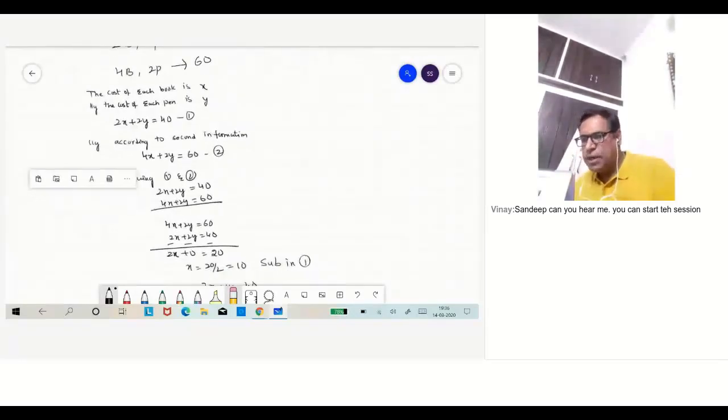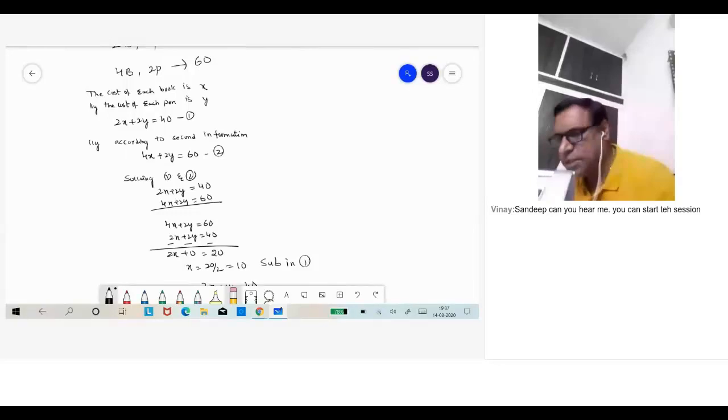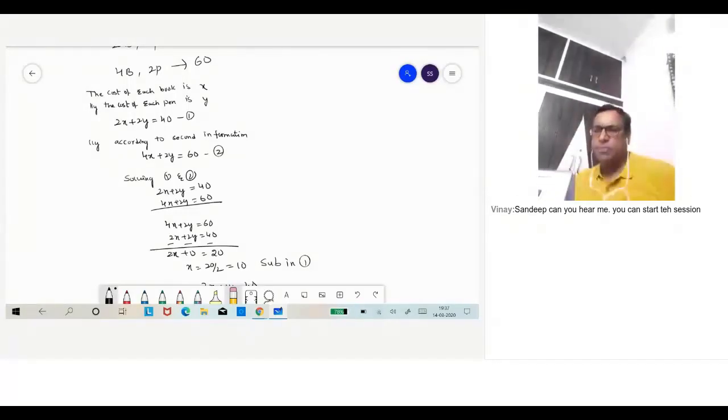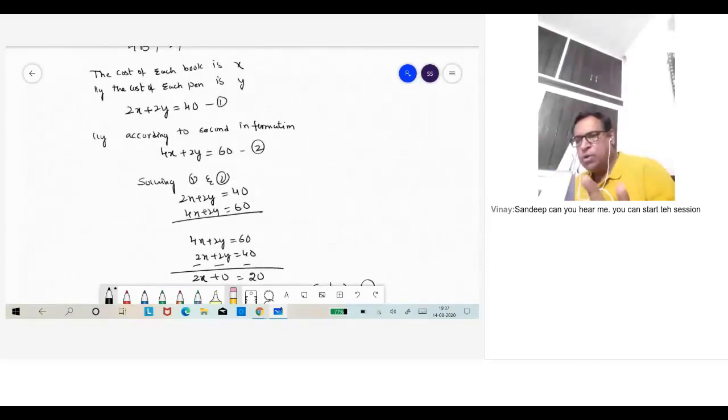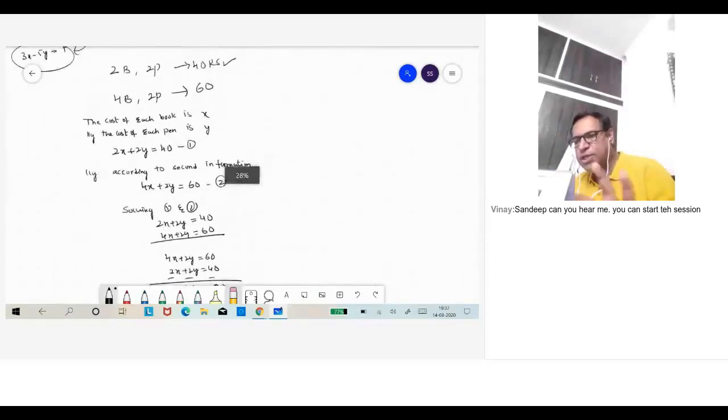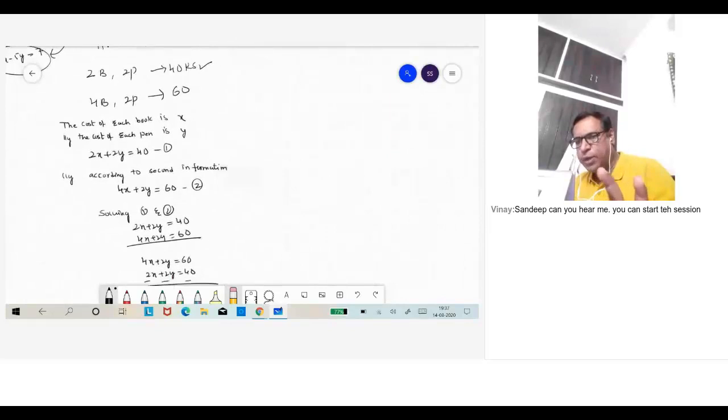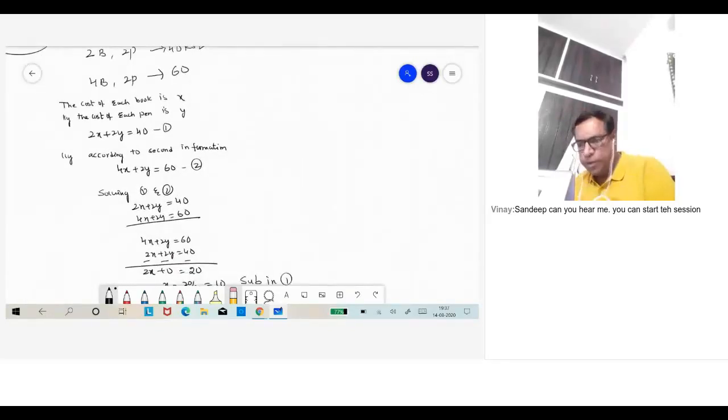If you understand this entire concept, first we are formulating a linear equation in two variables based on the given information. After that, we are finding the solution of these variables x and y. How will you solve this? You have two equations in variables x and y. Solve them either by equating coefficients, and then subtract or add them, to get the values of the variables x and y. So what are the two things you're understanding here? First, how you formulate the given information into linear equations in two variables.